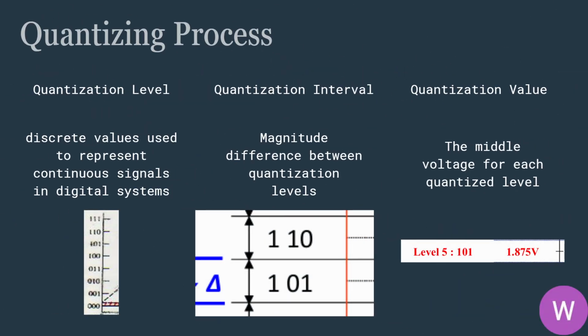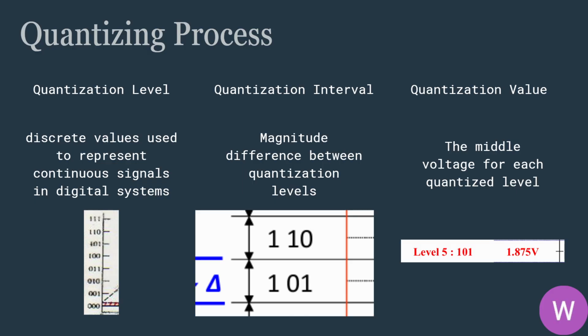When we talk about quantization, there are three common terms: quantization level, quantization interval, and quantization value. Let's talk about the quantization level first. The quantization level is basically how many discrete values you want to use, based on how many samples you made when sampling the continuous amplitudes.